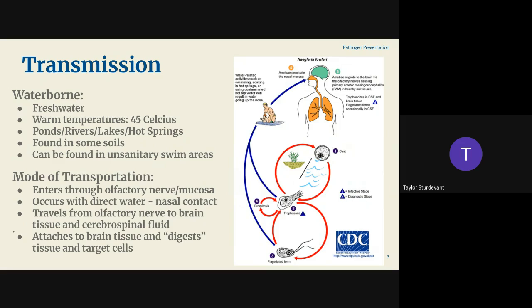And again, this will only be the trophozoite active form, and it will happen only with the presence of this water and amoeba entering through the nose. It's recommended if you're in an area that you're unsure about to use a nasal plug, or if you're in an area of a splash pad, to also use a nasal plug if you're unsure of the chlorination status. Again, though, this is very rare, but it is worldwide.